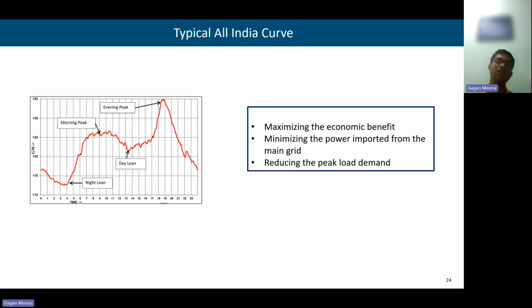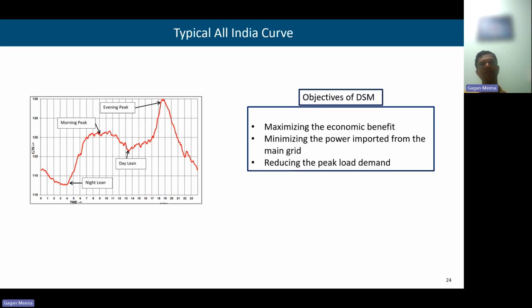So can we reduce the peak demand while avoiding or deferring the installation of new thermal generators? That can be achieved using demand side management, where we are able to alter the load curve.